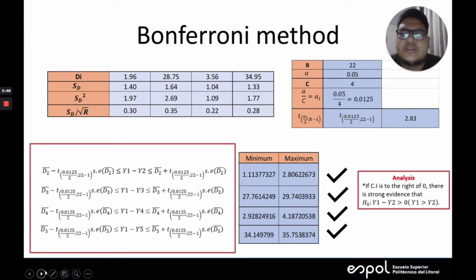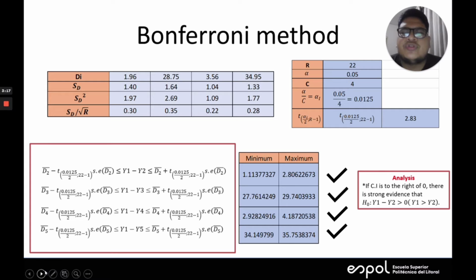After that, the deviation is calculated and the standard error is obtained with the values of R, alpha, the number of comparisons of the models, and the value of the Student test is obtained. With this value, the mean and standard error, the confidence interval is calculated. It is concluded that since all the values of the interval are to the right of 0, there is strong evidence that there is an improvement.